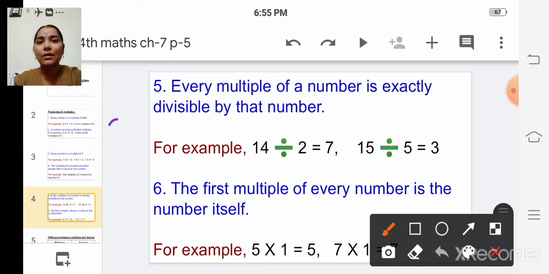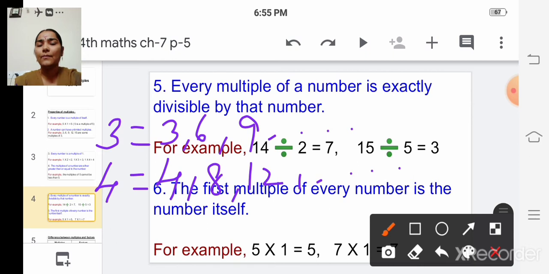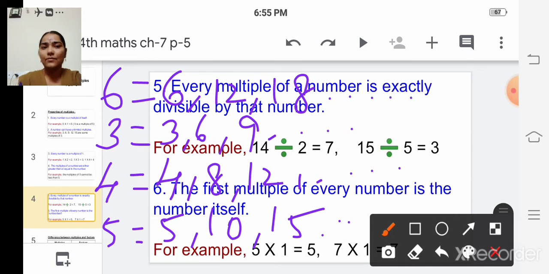If we take the multiples of 3, it starts from 3, 6, 9 and so on. If we take 4, it starts from 4, 8, 12 and so on. If we take 5, 5 ones are 5, 5 twos are 10, 5 threes are 15 and so on. If we take 6, 6 ones are 6, 6 twos are 12, 6 threes are 18 and so on.